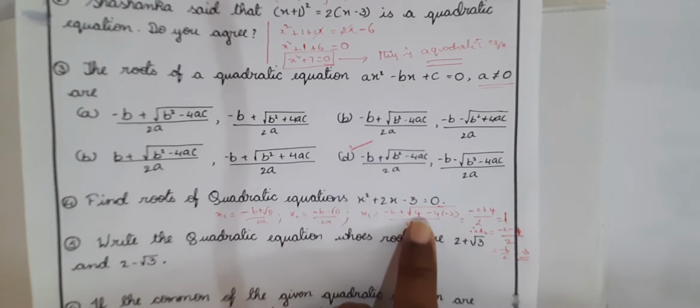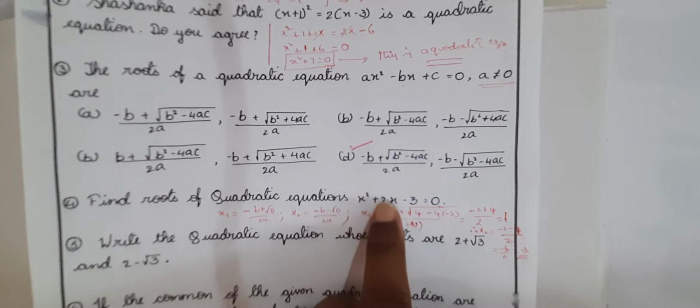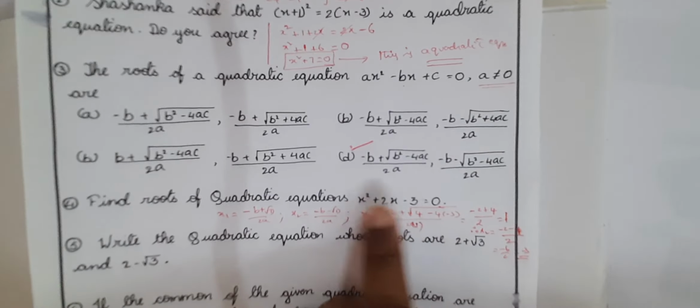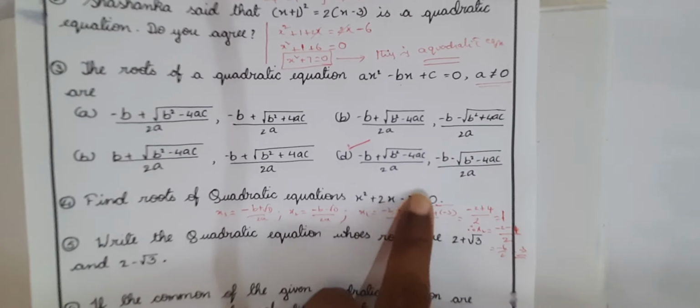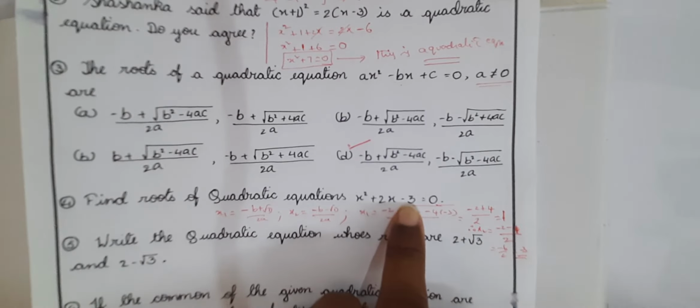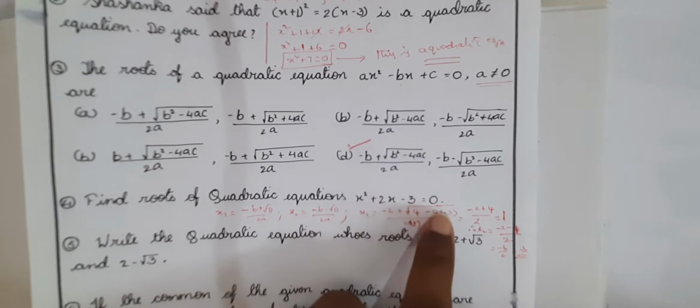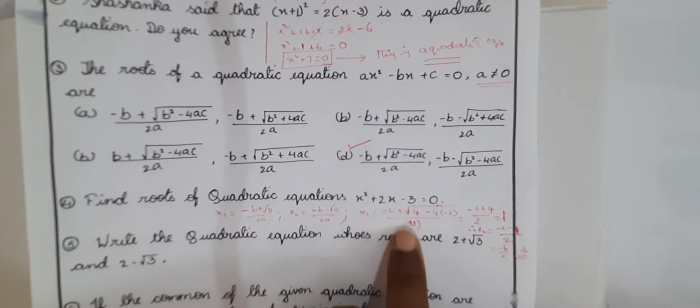Here I substituted b², where b is 2, so 2² is 4, minus 4 into a is 1, into c is −3. Why are we taking −3? Because in the general form of the equation you have +c = 0, so c here is −3.